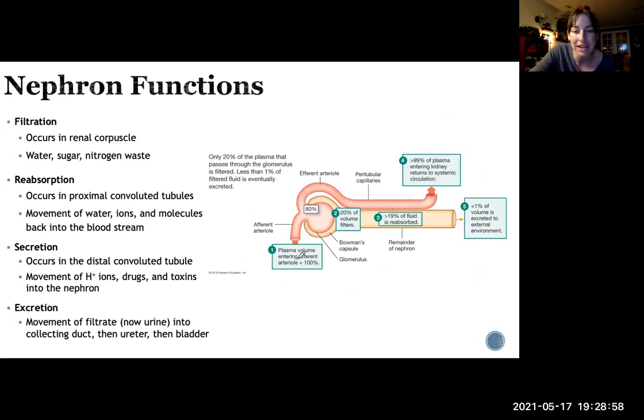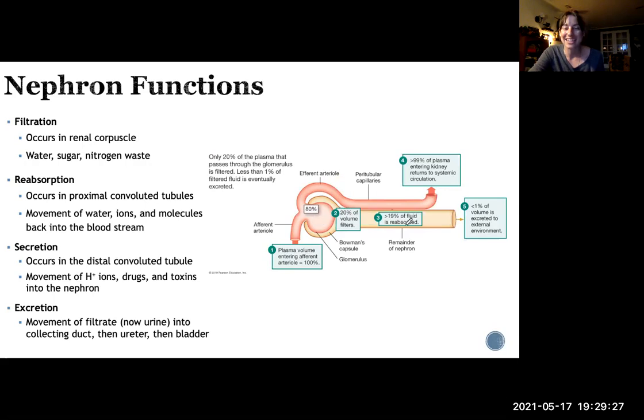Your plasma going into the afferent arteriole is 100% of that blood plasma. Leaving through the efferent arteriole is 80% of that blood plasma. So only 20% of that plasma that enters the glomerulus actually gets pulled out. So you pull out 20% technically of the plasma to be filtered.